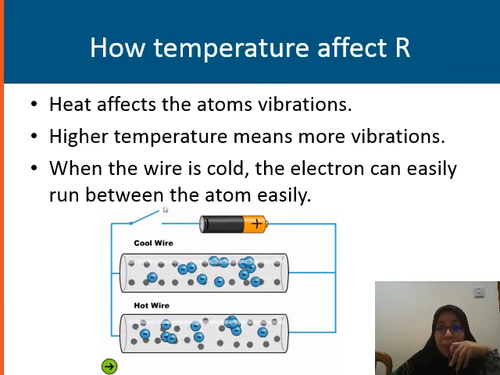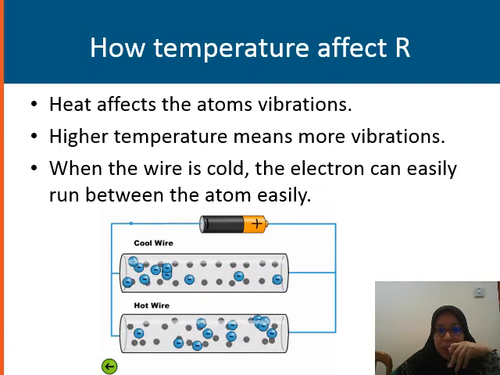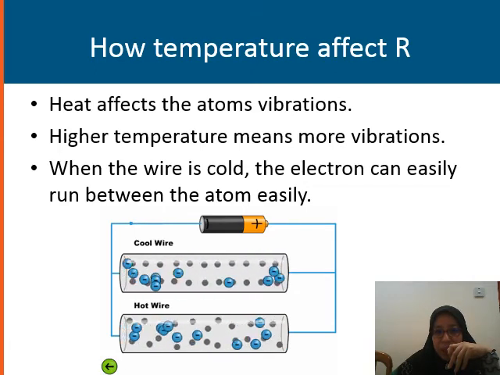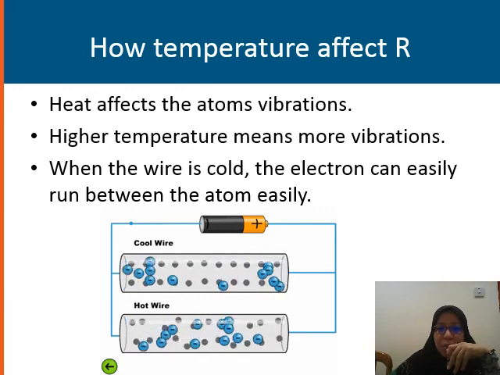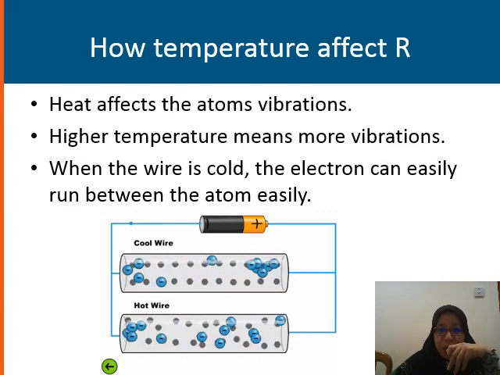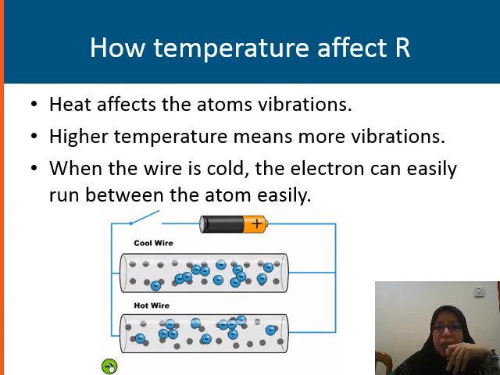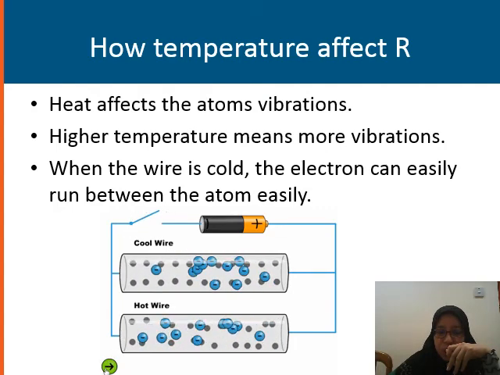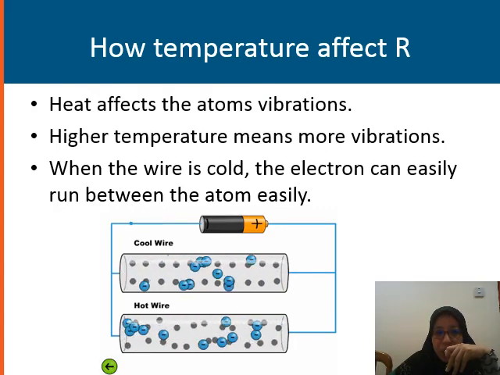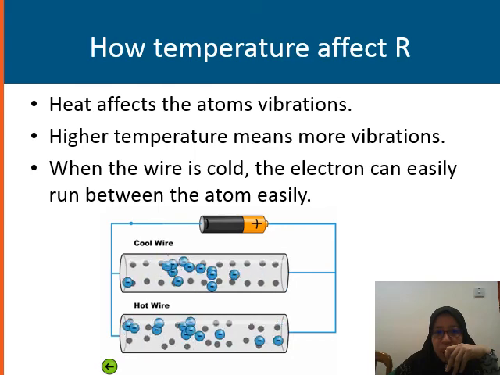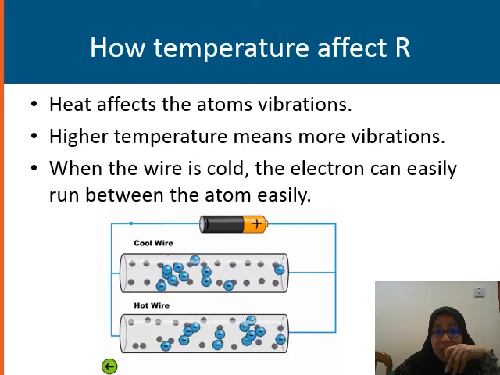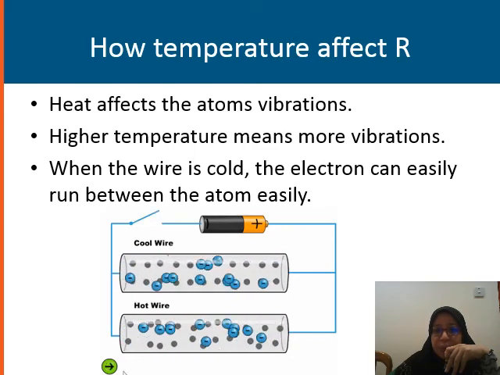In the hot wire, everyone is busily moving, including the electron. It simply makes it harder for the electron to pass through, as compared with this cold wire. So the electron travels much faster in the cold wire.